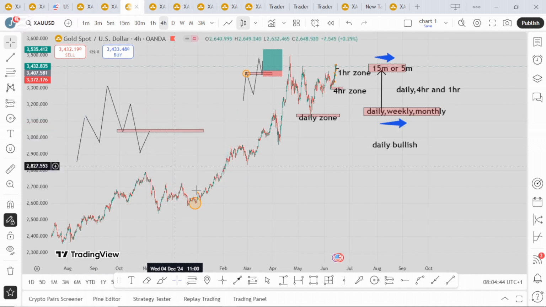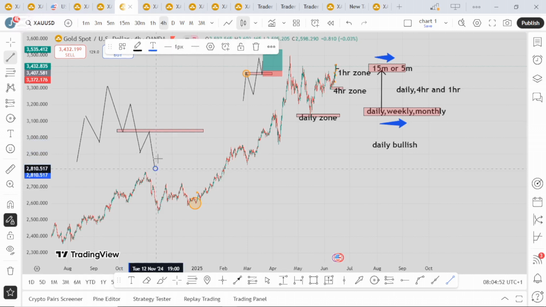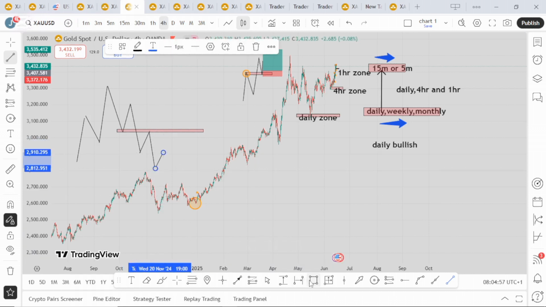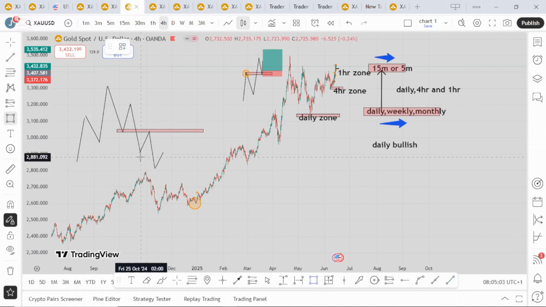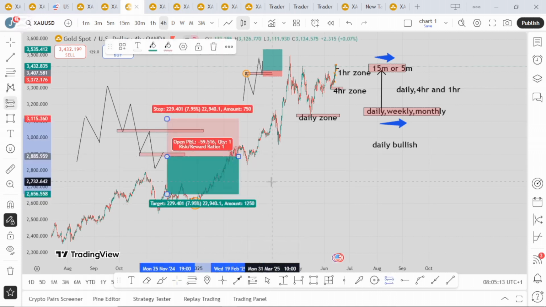Or you can make it more conservative by allowing price to form another lower low. Then at the break of this structure, once you see this zone form at the break of the structure, you can take your trade there.